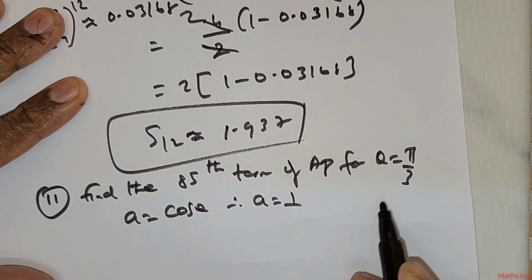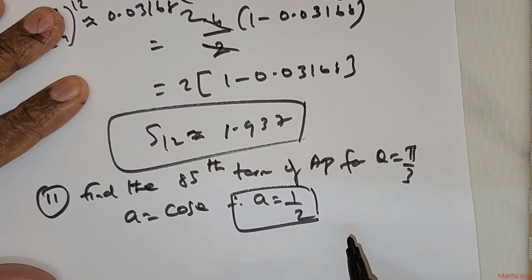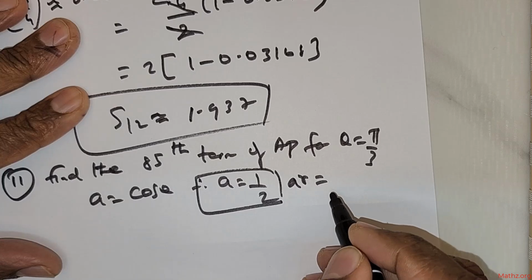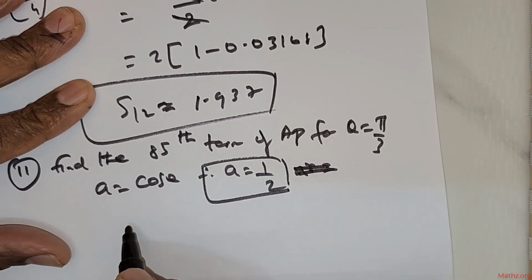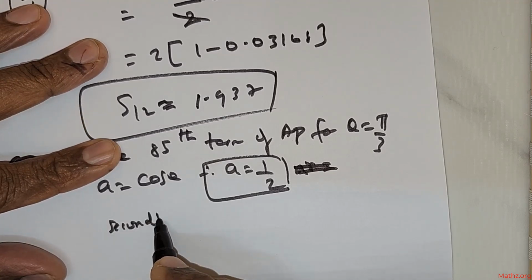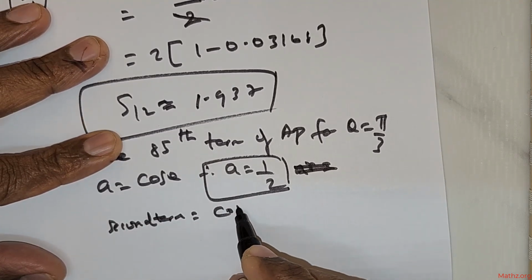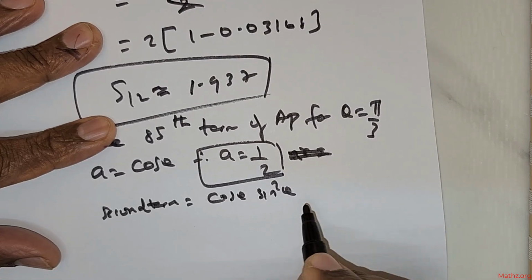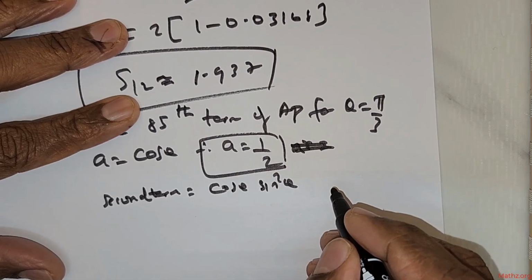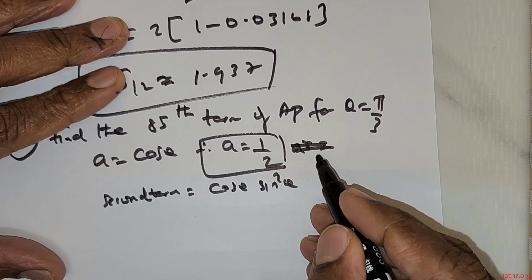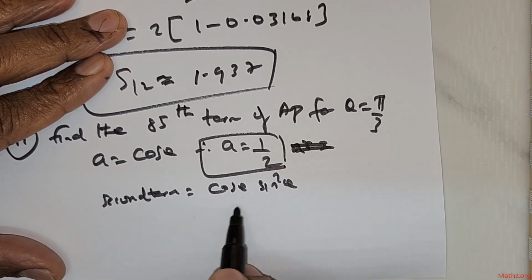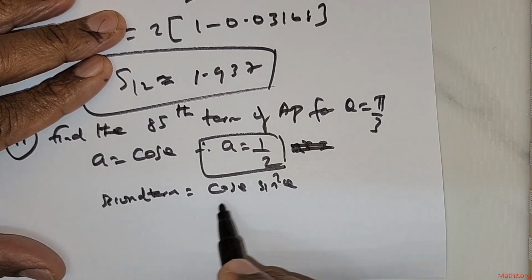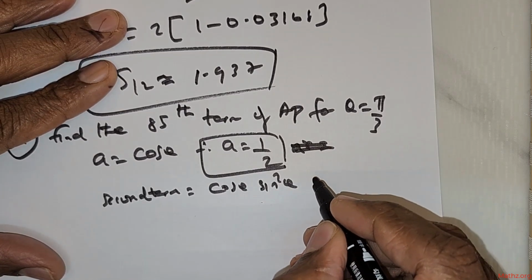So therefore a is equal to 1 over 2, right? Now let me write the second term. Second term is actually cos theta times sine squared theta. I don't want to write it as ar because ar comes for GP, but we know how to get the second term.